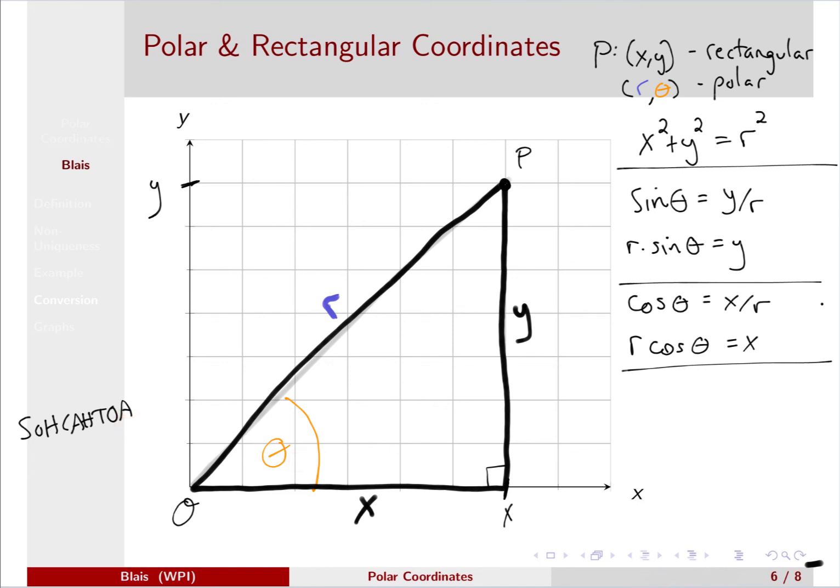Tangent of theta is opposite over adjacent, and so we have tangent of theta is y over x. And these are the four equations that allow us to change between polar and rectangular, to change expressions in polar to rectangular, or to change expressions in rectangular to polar.